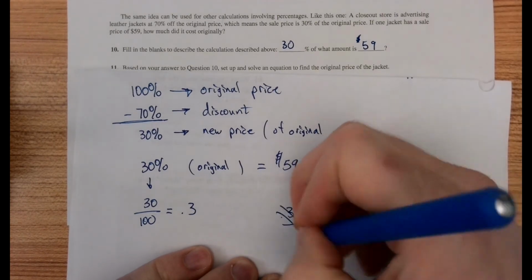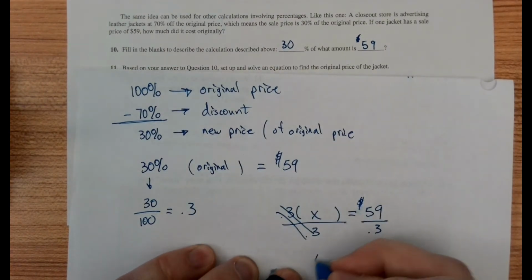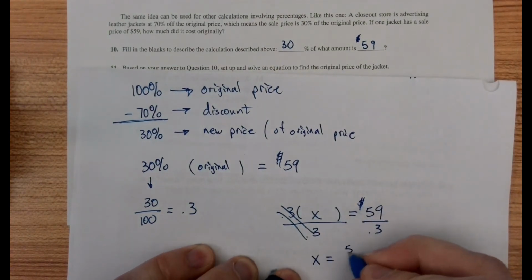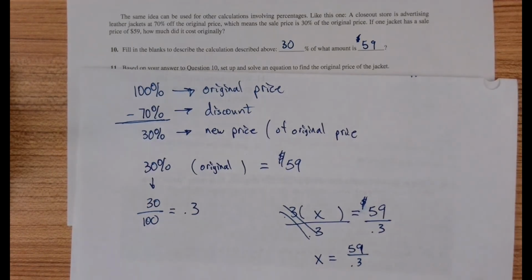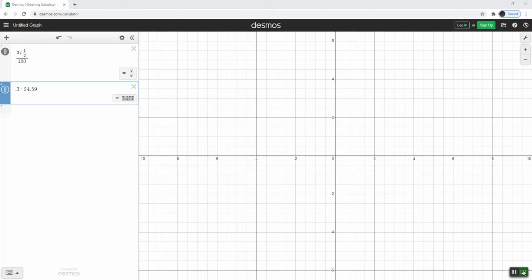So that becomes 1, and we get that the original price is $59 divided by 0.3. I'm not going to try to do that in my head. I might be able to, but I don't want to embarrass myself. I'll just run over to Desmos and do 59 divided by 0.3.